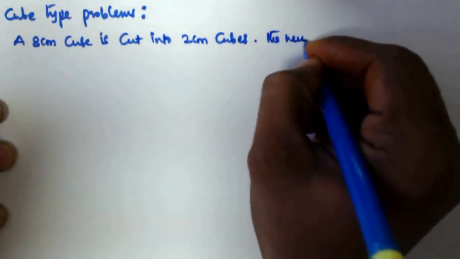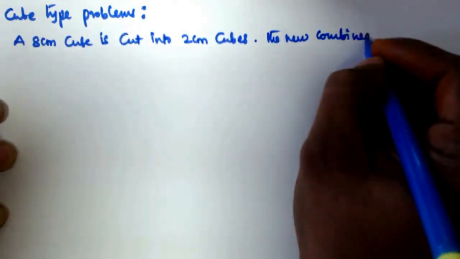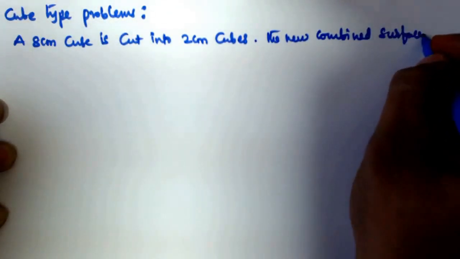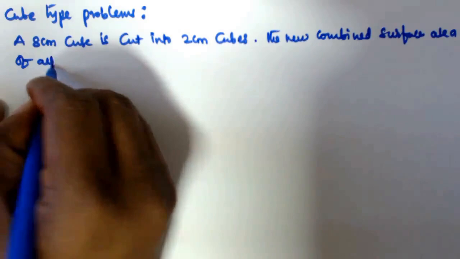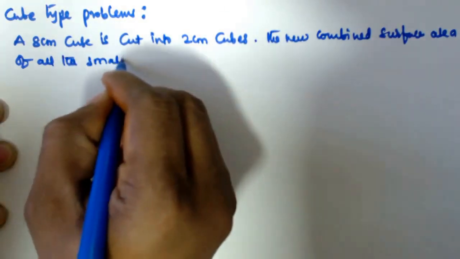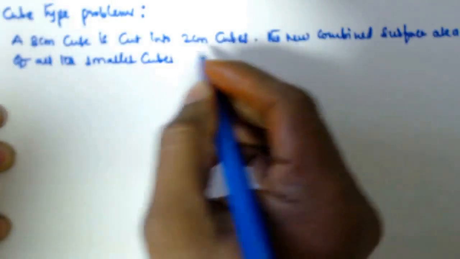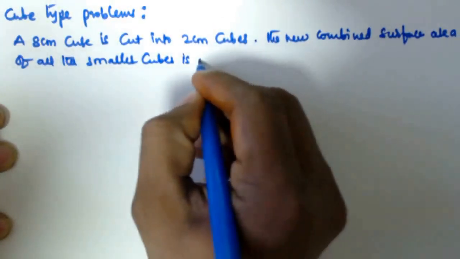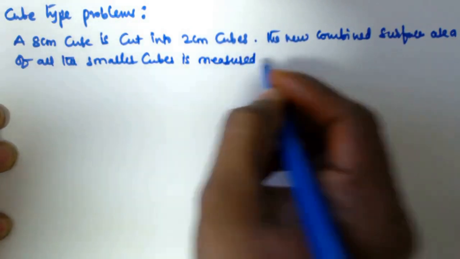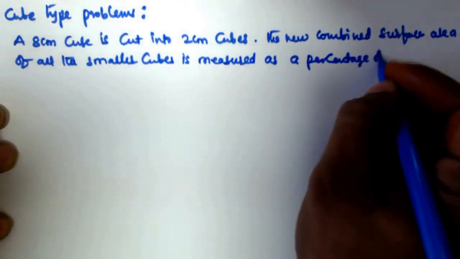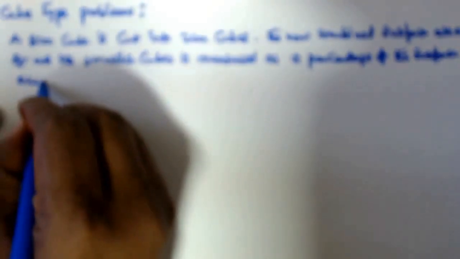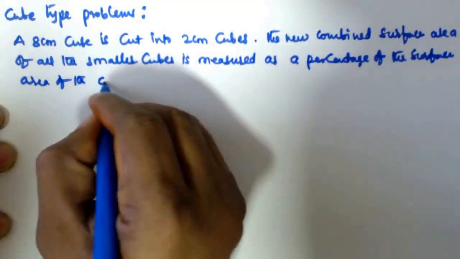So the new combined surface area of all the smaller cubes is measured as a percentage of the surface area of the original larger cube.